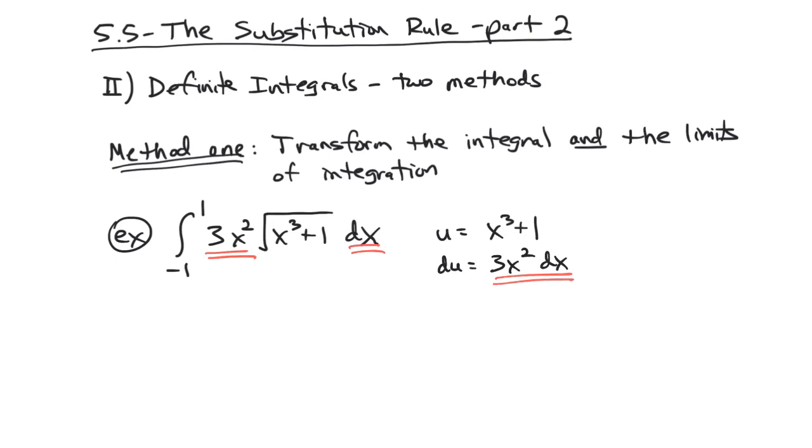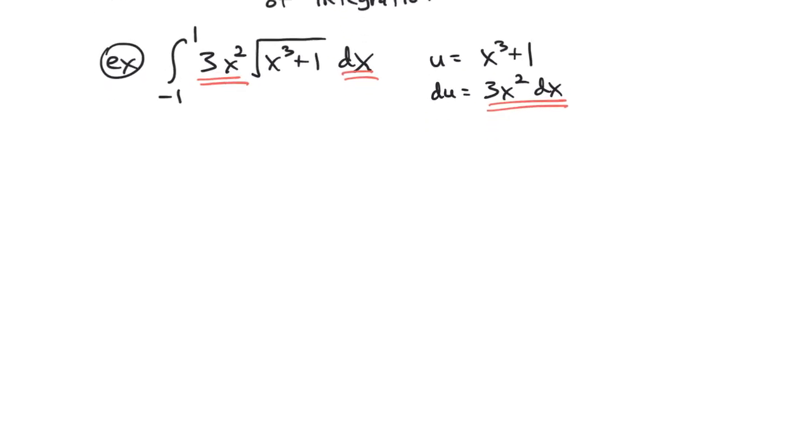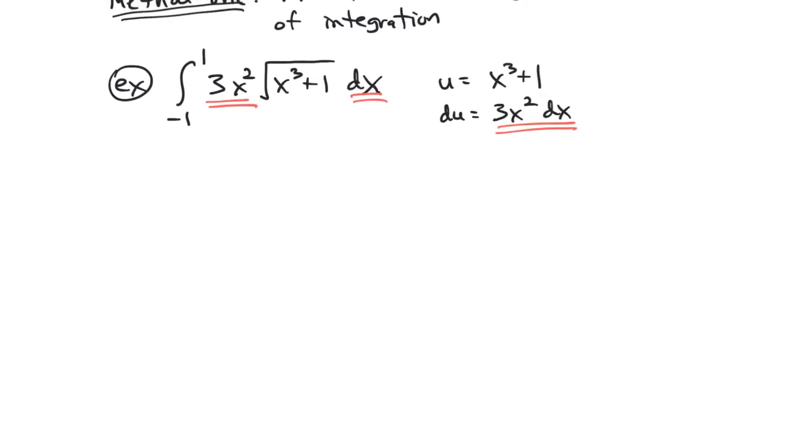So we can get rid of the 3x squared dx and replace it with a plain old du. And then this, of course, is square root of u. So we could say, all right, this thing is the same as square root of u du.